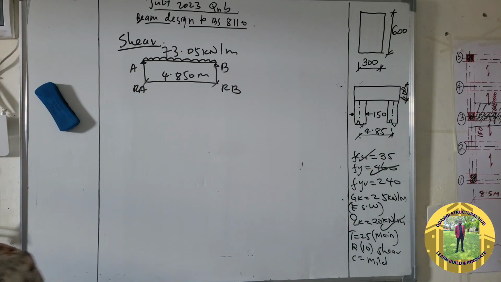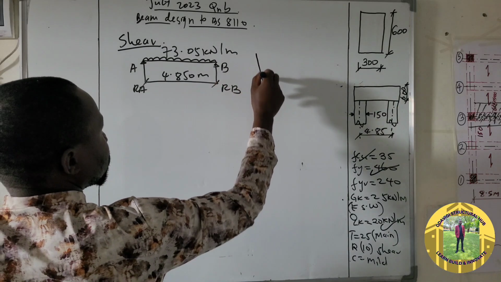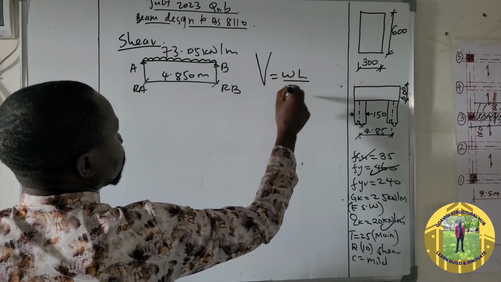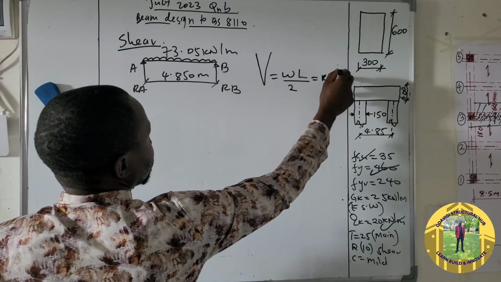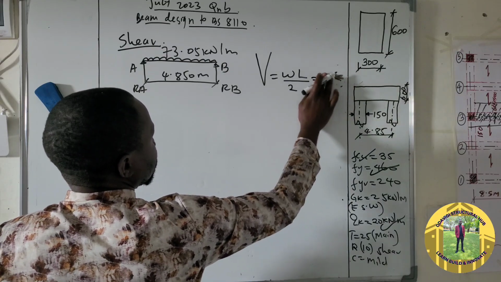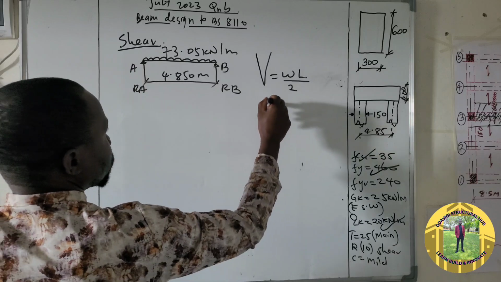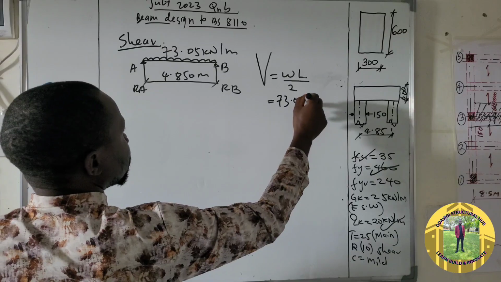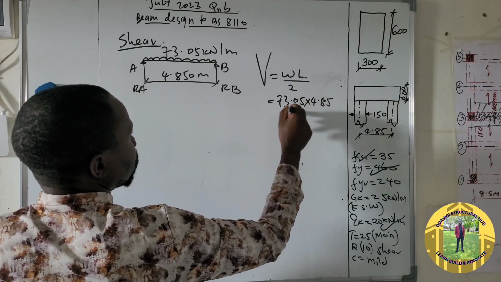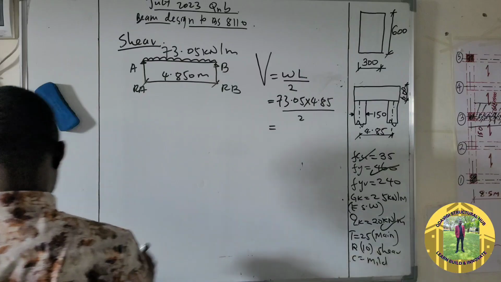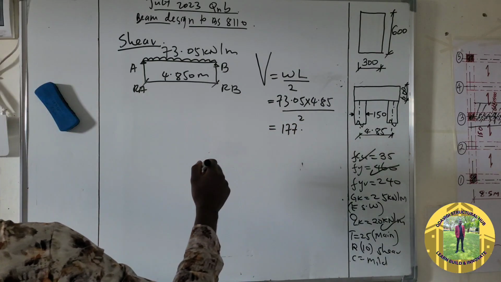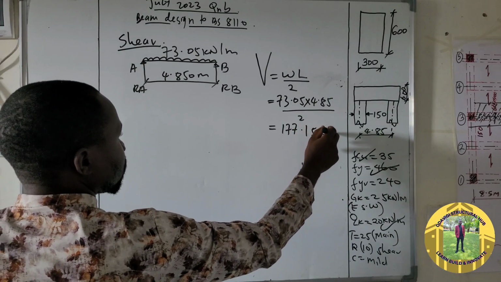So the design or the maximum shear, which is capital V, is equal to WL over 2, which is equal to RA, which is equal to RB. So this one is equal to 73.05 times 4.85 over 2. So this one is equal to 177.15 kilonewton.